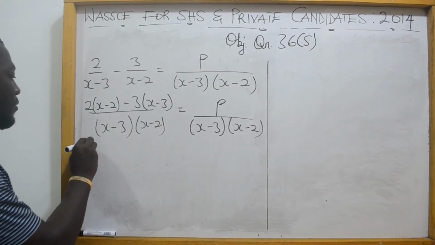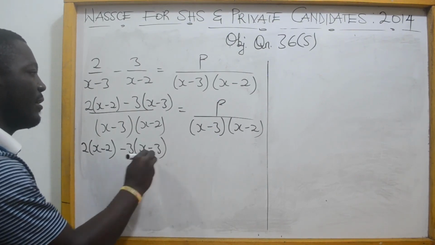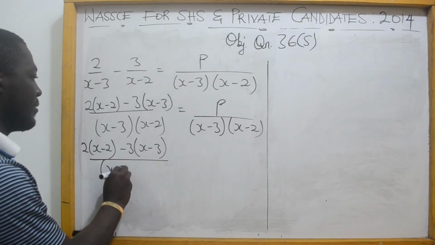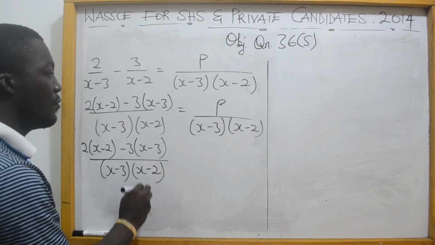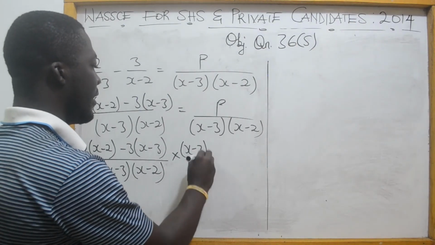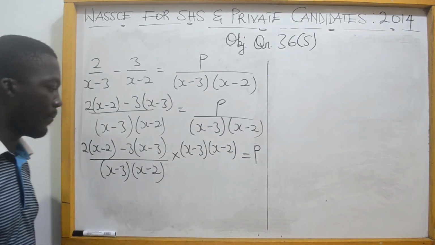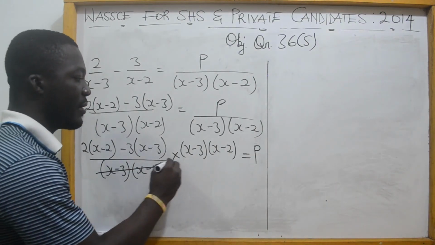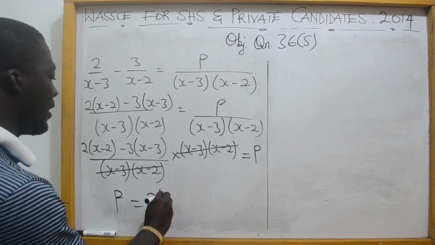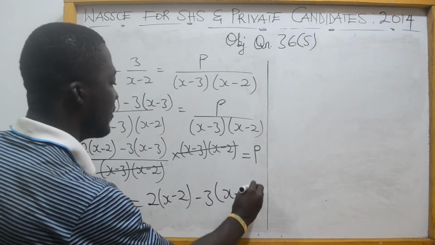So you have 2 into brackets x minus 2 minus 3 into brackets x minus 3, then divided by x minus 3, x minus 2, times x minus 3, x minus 2 is equal to p. The whole of this expression will cancel that, and p will be equal to 2 into brackets x minus 2 minus 3 into bracket x minus 3.